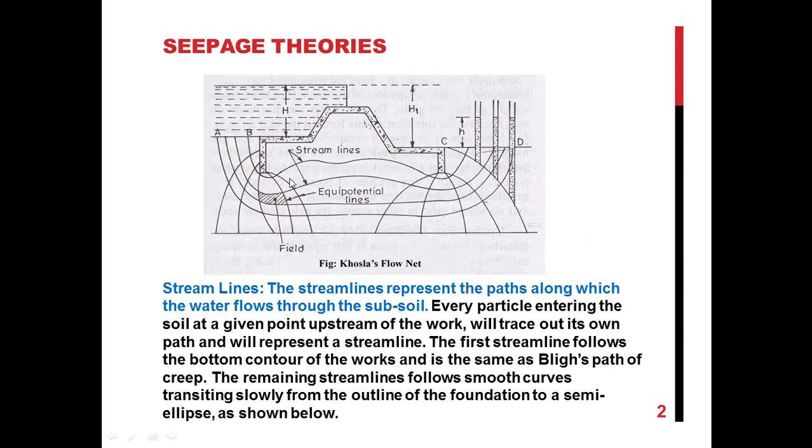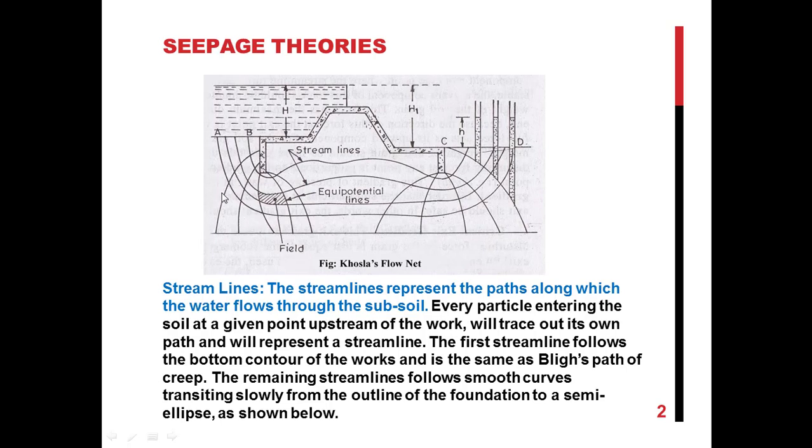Here, these are the lines, or streamlines, which move beneath the structure according to Khosla theory, and the seepage occurs through these lines. Also, these are the equipotential lines, the lines of equal residual heads.